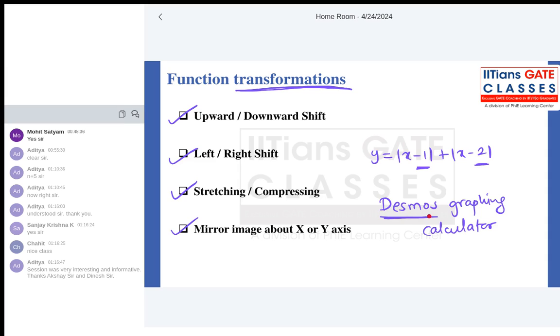I advise you to use this graphing calculator and at least plot, let's say, e to the power x, e to the power minus x, log x, log x into e to the power x, and many combinations. For example, sin x into cos x.